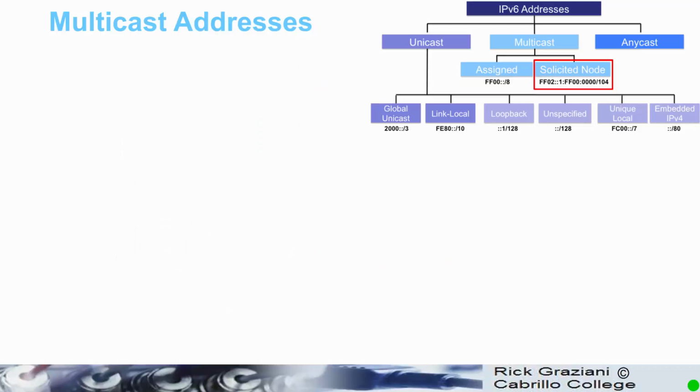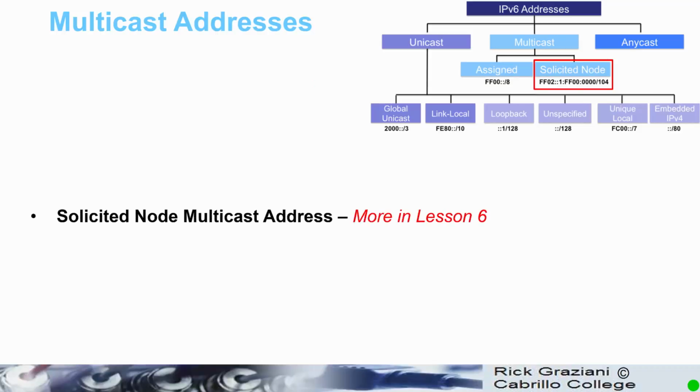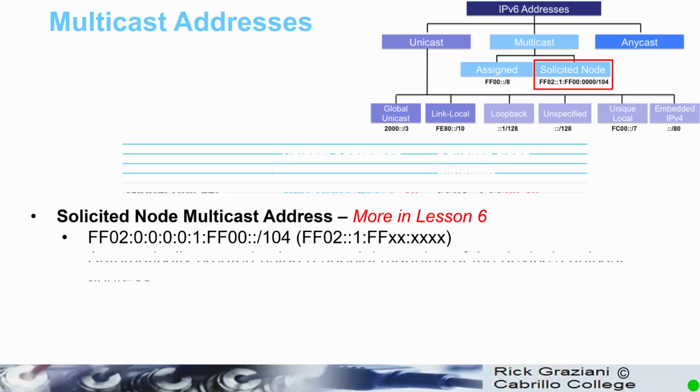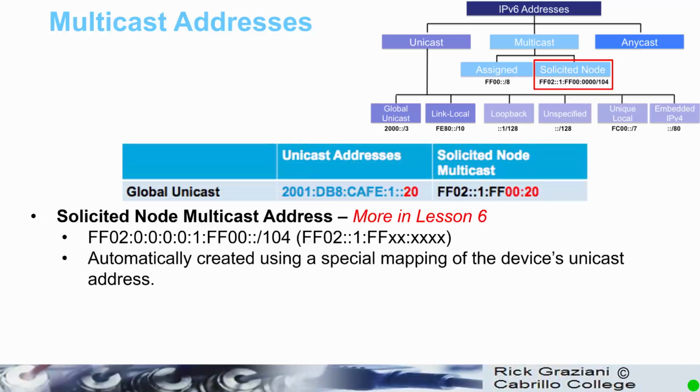Next, let's talk about a solicited node. Solicited nodes are a multicast address, again, more in lesson 6. That's an FF02::1:FF00:0/104. This one's going to use a prefix of 104. It automatically creates using a specialized mapping of the device's unicast addresses.